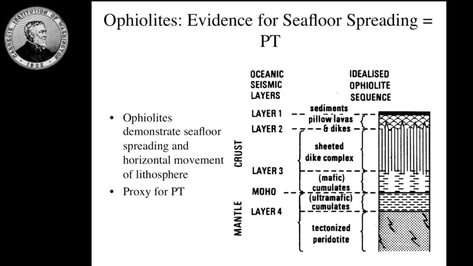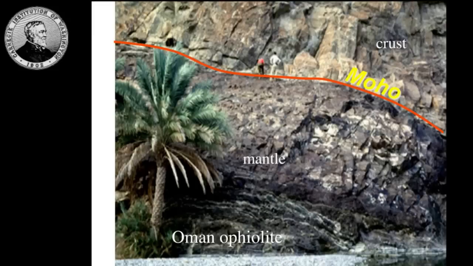Sheeted dikes, which demonstrate 100% extension, infinite extension at a mid-ocean ridge. And then the plutonic rocks, gabbros and ultramafics. And underneath them, a residue after melting of the upper mantle, tectonized peridotite, just call it mantle. It's a clear and important proxy for seafloor spreading and plate tectonics.